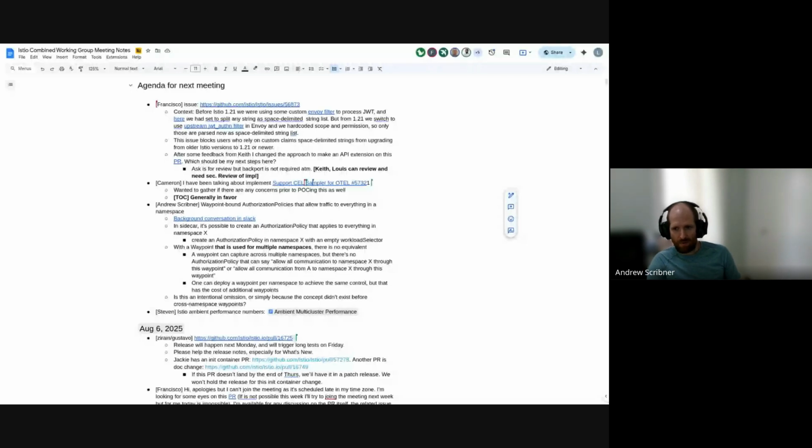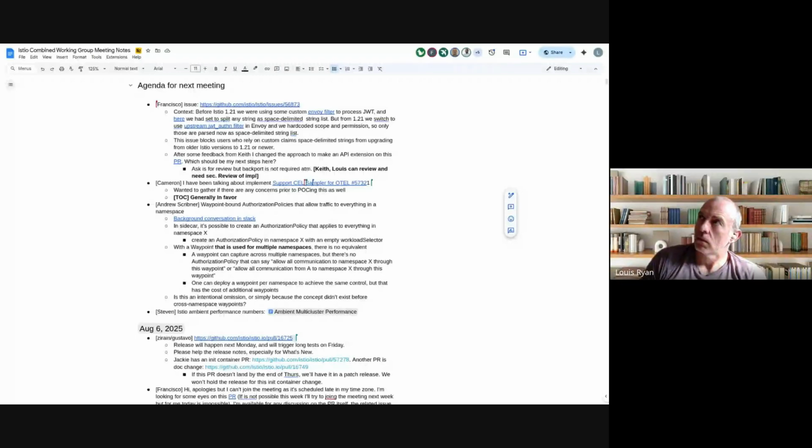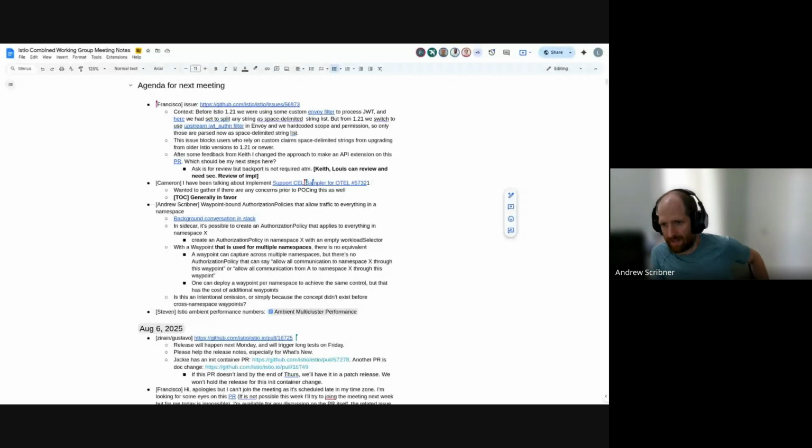But if you have a waypoint that is serving multiple namespaces, at the moment there's no API to say waypoint X, allow Prometheus to scrape this namespace. It has to either be this service or the entire waypoint, like targetRef of this service or targetRef of the whole waypoint. I guess first question, is Prometheus the actual use case? No, I'm just making that up right now.